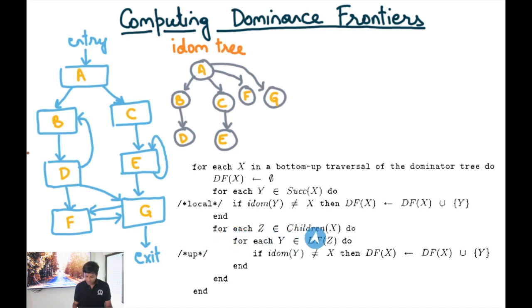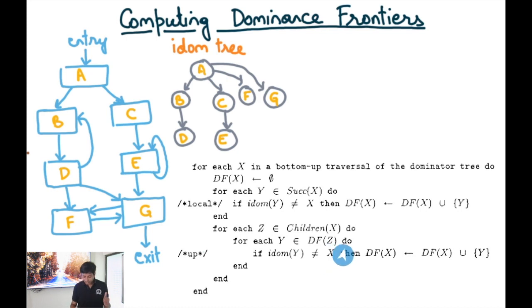Otherwise, I iterate over all the children of X in the dominator tree. And for each child, let's say the child is Z, I look at its dominance frontier and I see which of them pass up to X. To check which of them pass up, I again check whether the immediate dominator of Y is X or not.